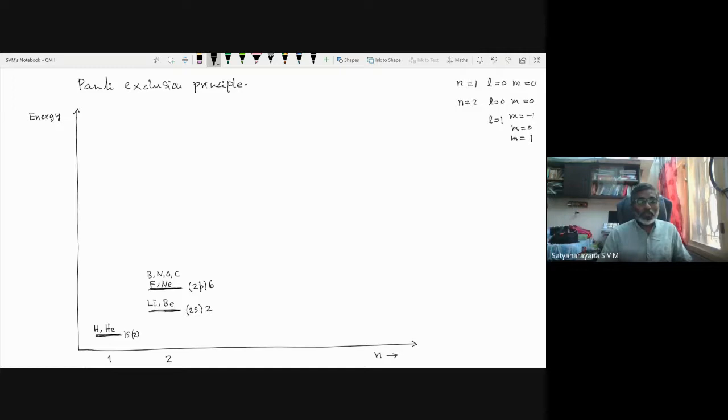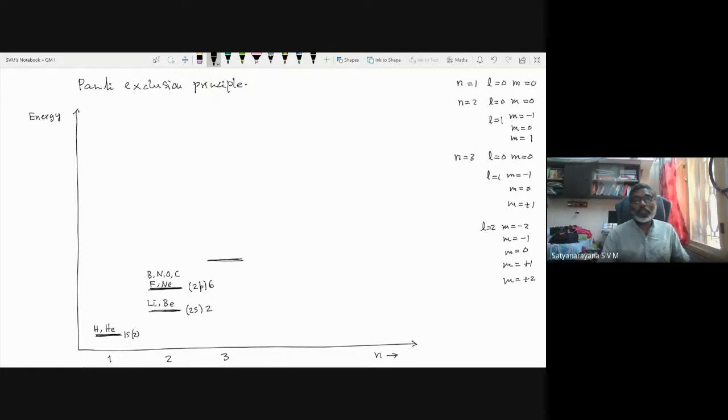Now let's go to n is equal to 3. N is equal to 3, we'll have 3s, and so n is equal to 3, as you can see here, we'll have L is equal to 0, M is equal to 0, L is equal to 1, M is equal to minus 1, M is equal to 0, M is equal to plus 1, and L is equal to 2, M is equal to minus 2, M is equal to minus 1, M is equal to 0, M is equal to plus 1, M is equal to plus 2.